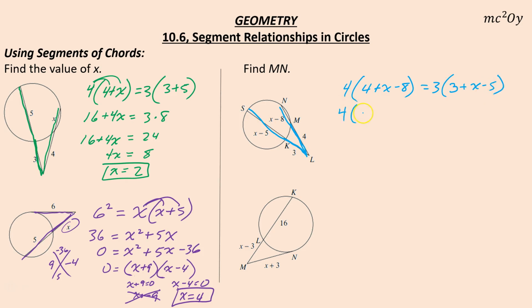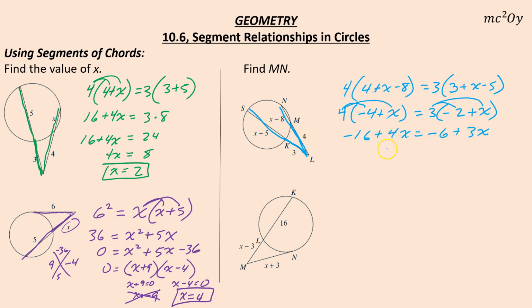We get 4 times negative 4 plus x equals 3 times negative 2 plus x, or x minus 2. Multiply it out, we get negative 16 plus 4x equals negative 6 plus 3x.